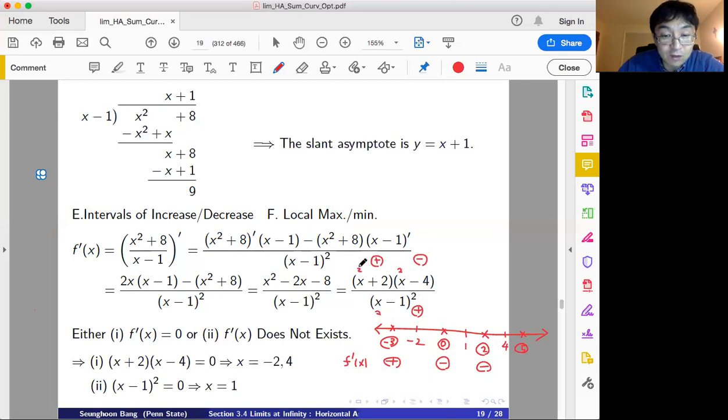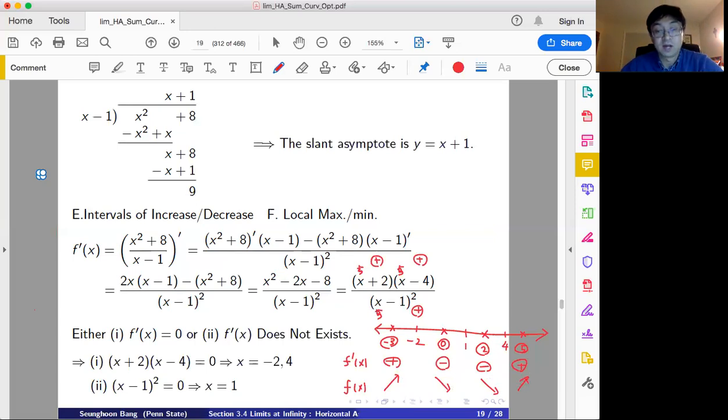So here, I'm going to choose 5. You plug 5 into x. 5 plus 2 is positive. 5 minus 4 is positive. 5 minus 1 squared is positive. This is positive. So the graph of f of x is increasing, decreasing, decreasing, increasing.